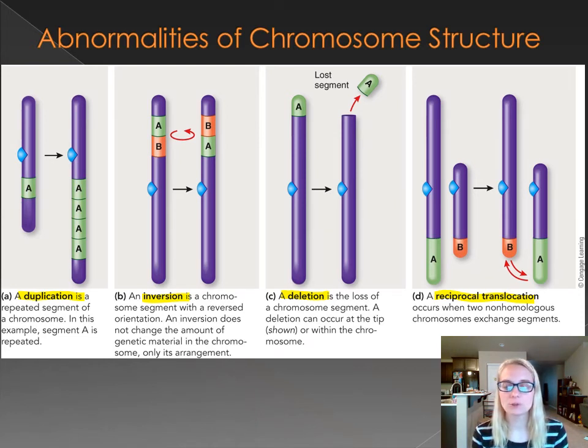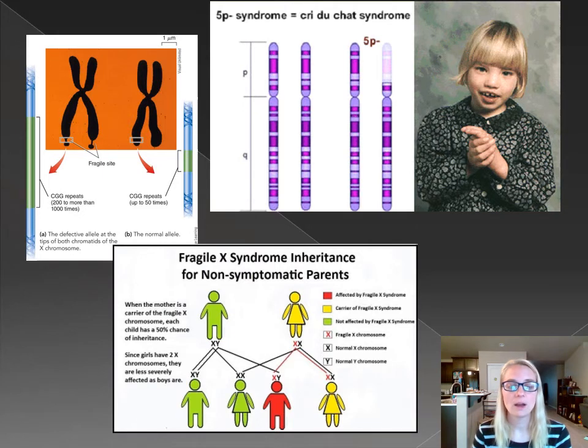If you have translocation between non-homologous chromosomes, you're messing up the pattern of how the information is supposed to be carried on those particular chromosomes. There are probably lots of congenital and genetic diseases or conditions that can be linked to these abnormalities of chromosome structure.